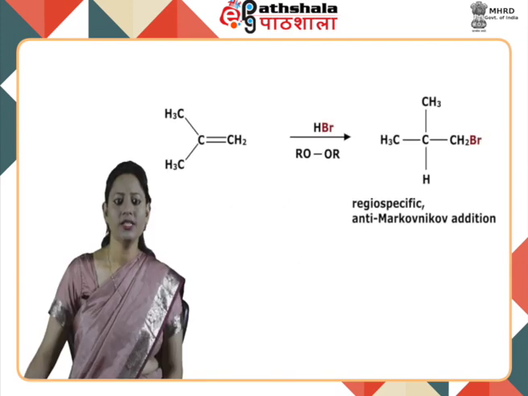Addition of HBr to 2-methylpropene in the presence of a peroxide like ROOR, for example tertiary butyl peroxide or benzoyl peroxide, regiospecifically yields 1-bromo-2-methylpropane, which is the anti-Markovnikov addition product. Here you can see isobutene reacts with HBr in the presence of peroxide to give a regiospecific anti-Markovnikov addition product.